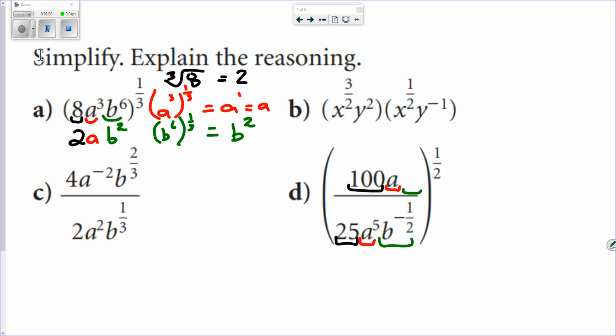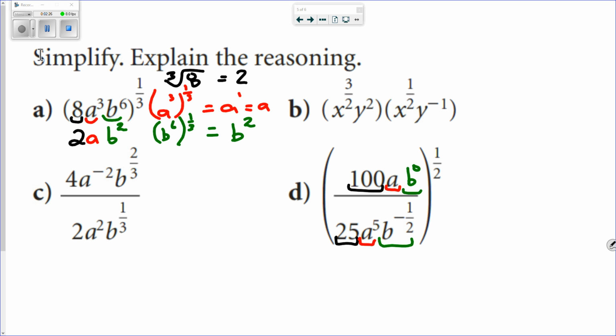We could, if we're so inclined, write a B to the 0, right? Because that's equal to 1. So we're not really adding anything there. Hopefully it becomes more clear in a minute why we may have done that.